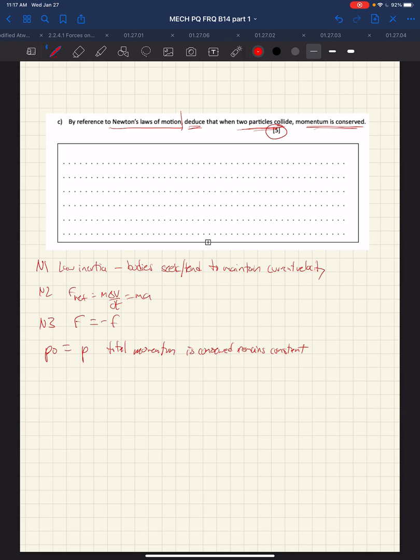Well, when two particles collide, there are forces involved, and there are changes in momentum. So we want to start there. Newton's second law states that F net is equal to the rate of change in momentum. And that is F net equals delta P over delta T.